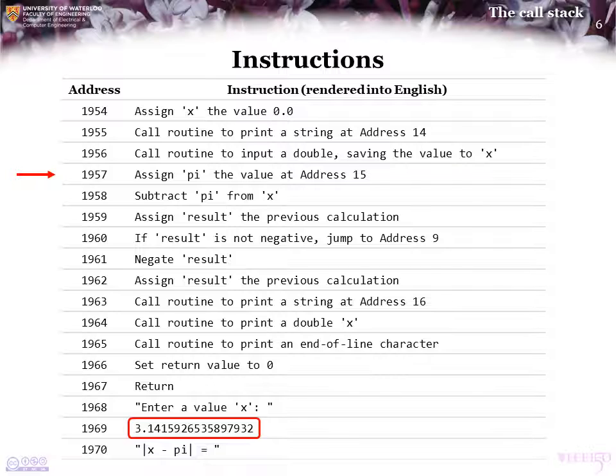We assign the local variable pi the value stored at address 15. Again, 15 relative to the start of the program. We now perform the arithmetic operation of subtracting the value of pi from x, and whatever that result is, it is assigned to the local variable result. Now we check.